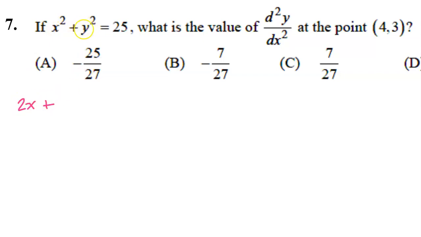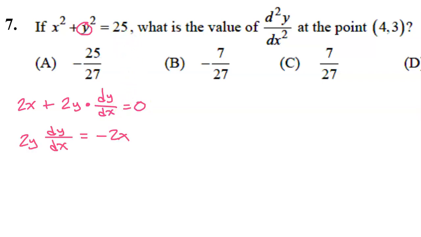Now, in the next term, because it is a y and not an x, get ready for the chain rule. For the outer function, the derivative is 2y, but then the derivative of the inner function is dy dx. The derivative of a constant is 0.